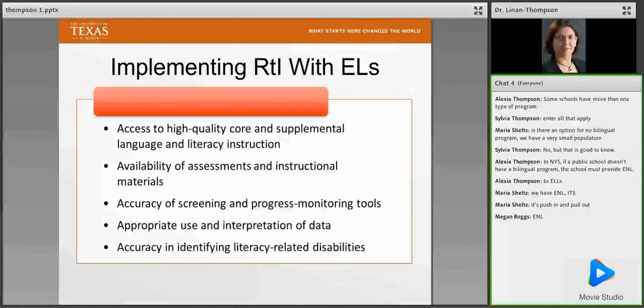Then finally, accuracy in identifying literacy-related disabilities. That kind of goes with the one before. Again, it's still a challenge, but again, rate of growth or lack of rate of growth seems to be a clear indicator, or the best indicator, for determining which children are likely to have a disability as opposed to just a language difference.